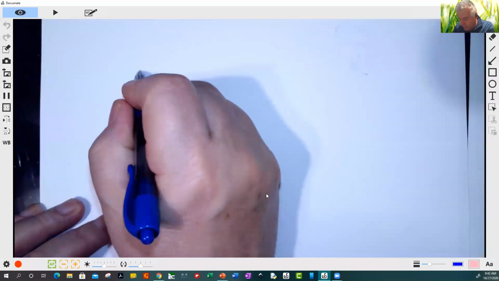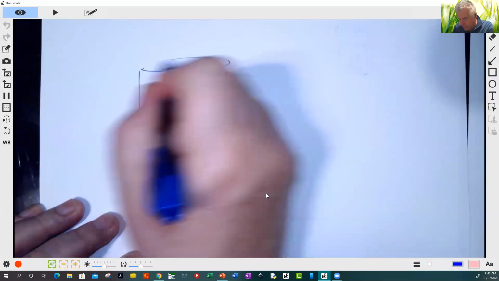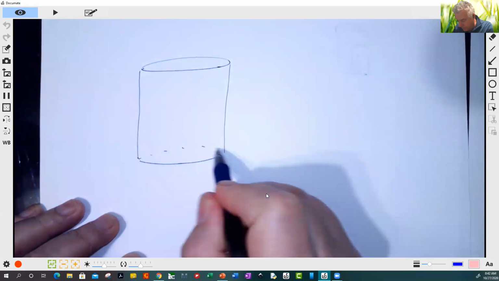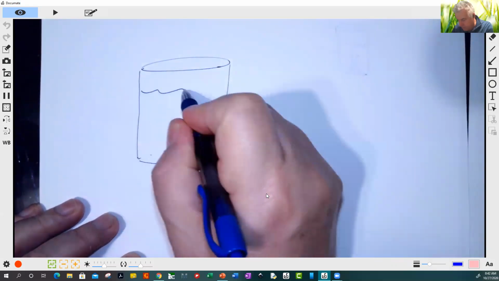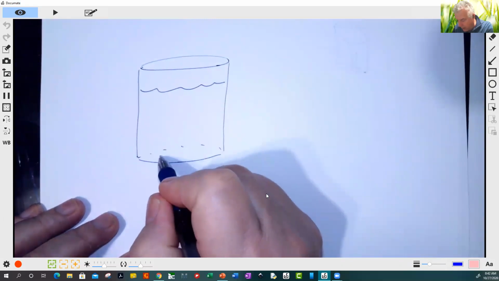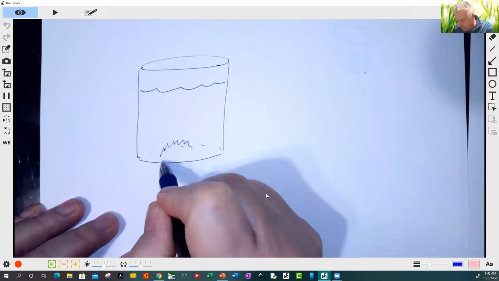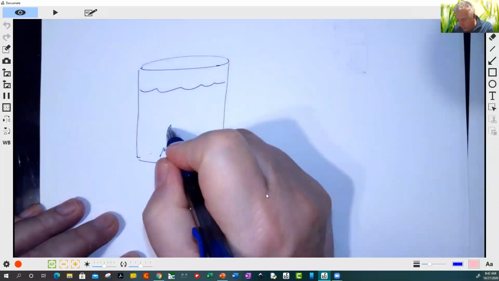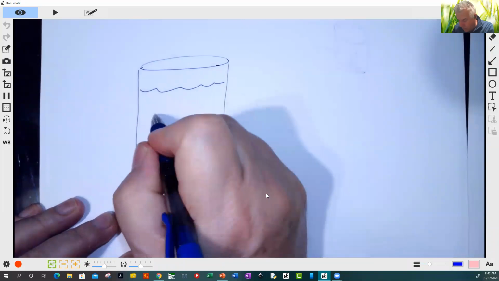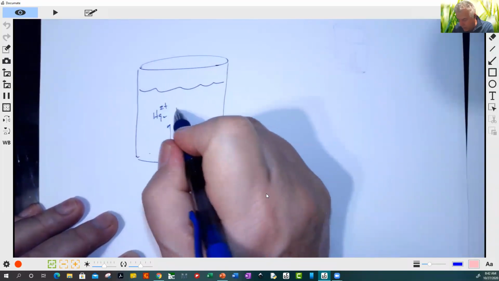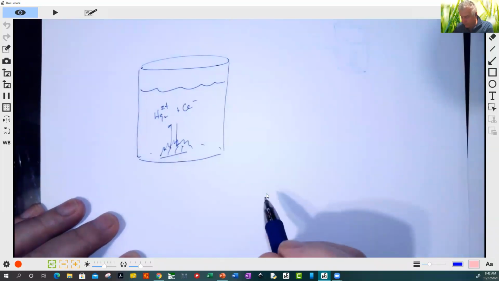We've got some water. We've got solid calomel here, and this stuff is dissolving. When it dissolves, it makes Hg2 2+ and Cl minus, right?